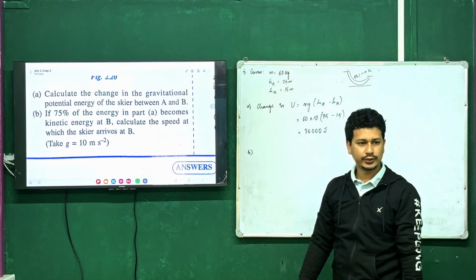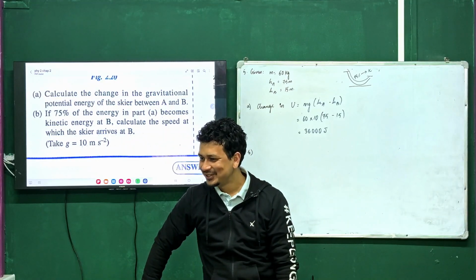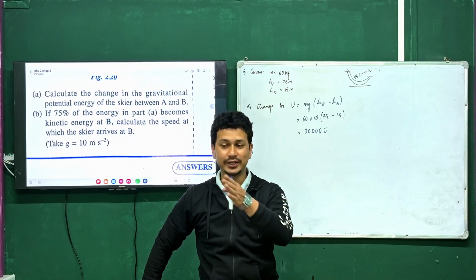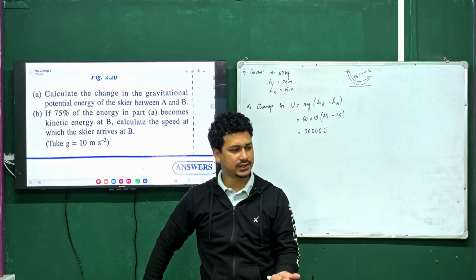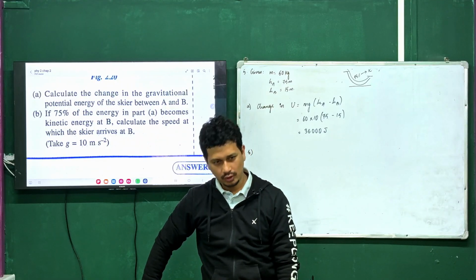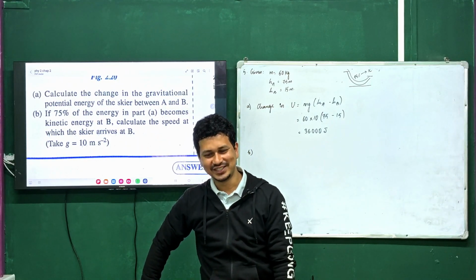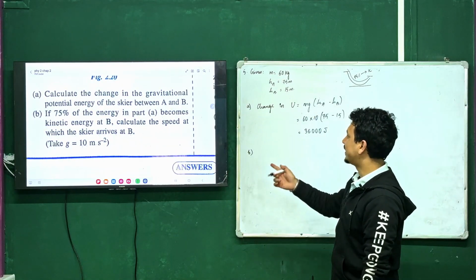Right? Where did the 25% go? Krisha? Yes. Friction, yes. It got wasted, right? In the form of friction and air resistance. So it got lost in the form of sound and heat. Right? You got it. So only 75% was converted to kinetic energy.